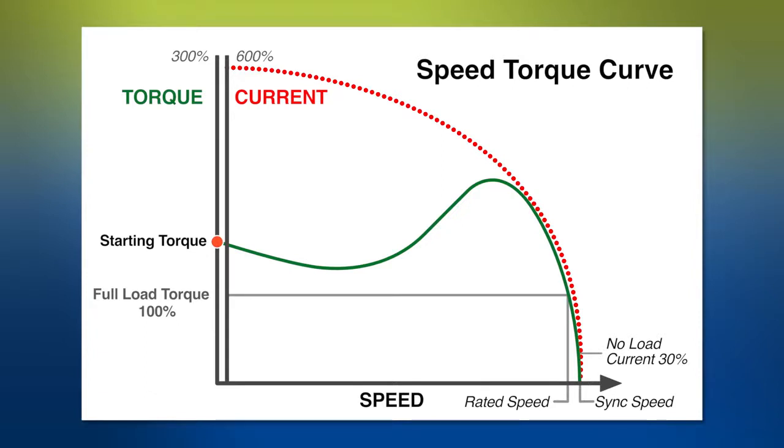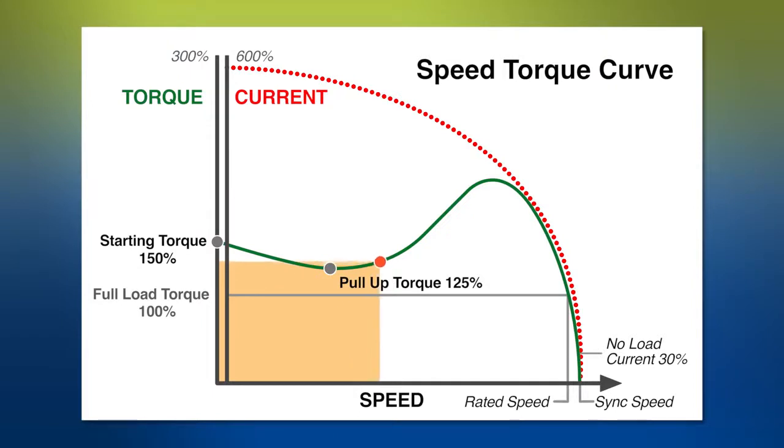Looking at this example of a speed-torque curve, we can expect the starting torque to be about 150% of rated torque. Pull-up torque is the amount of motor torque available as the motor accelerates toward its rated speed. If the motor's pull-up torque is less than the amount required to accelerate the load, the motor will never reach its rated speed.